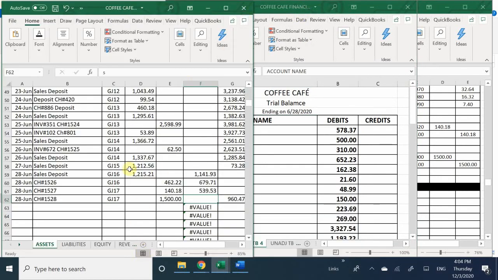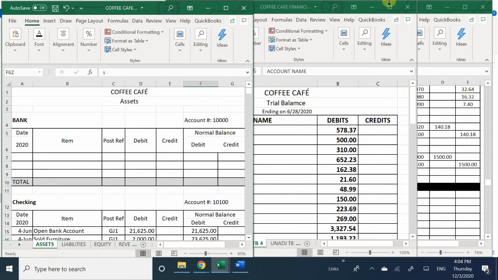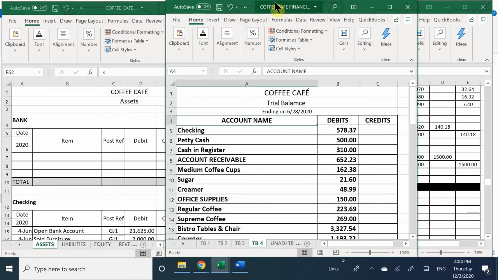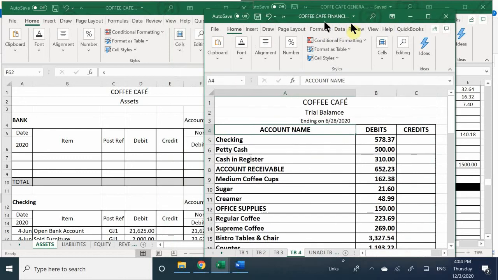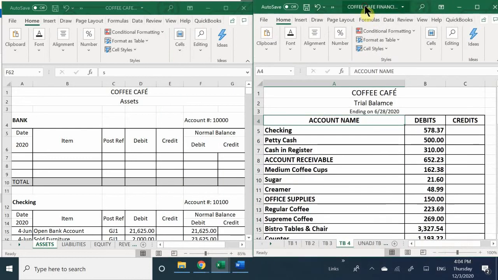We're going to go through every single account that exists in our books, but only record the ones that have balances. As we can see here in our trial balance number 4, we're going to start off with our checking account.